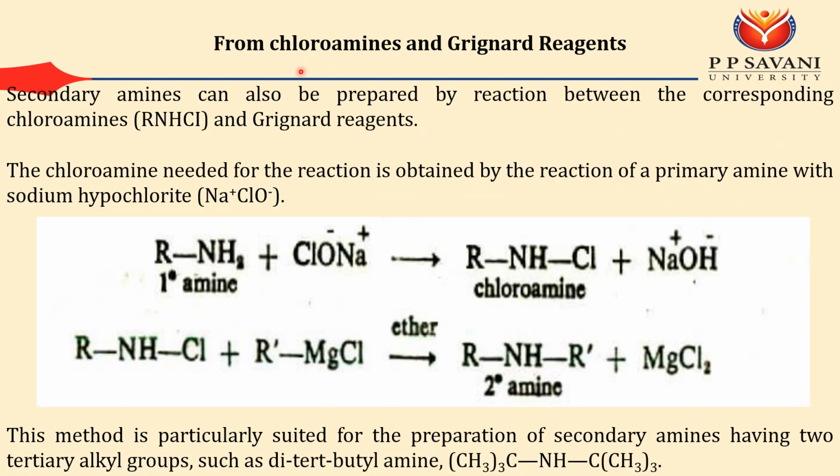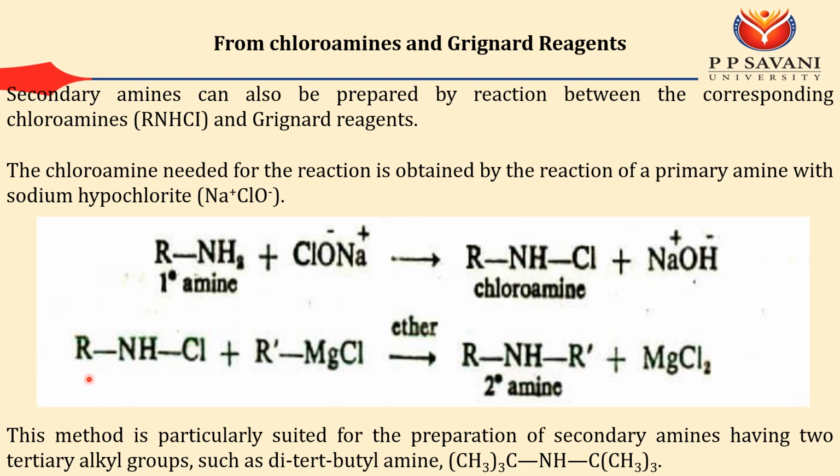Then from chloramines and Grignard reactions, you first have to produce the chloramine. It is very easy from a primary amine, and you can react it with chloramine. The NaOH will be the byproduct, and you will get your chloramine.